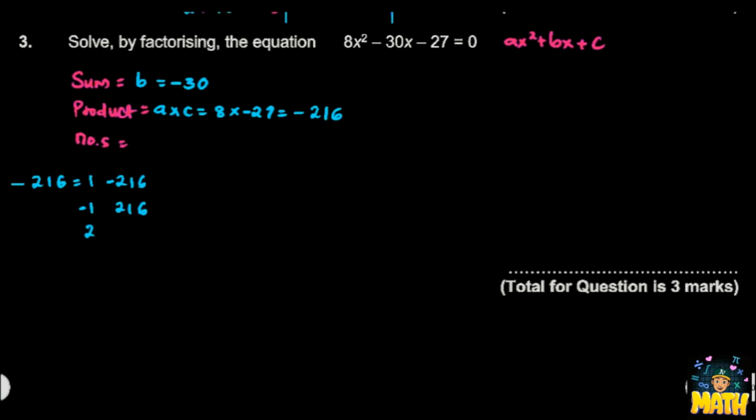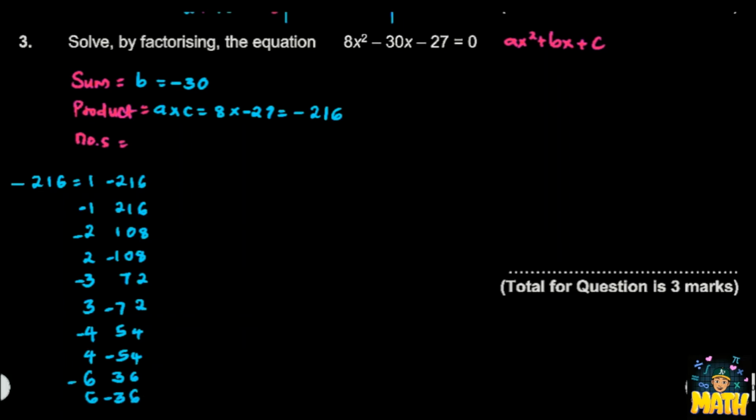Then I go to the next one, 2 and 108. Each of them can be a negative. 3 and 72, each of them can be a negative. And then 4 and 54, each of them can be a negative. And then we go to another trial of 6 and 36, each of them can be a negative.